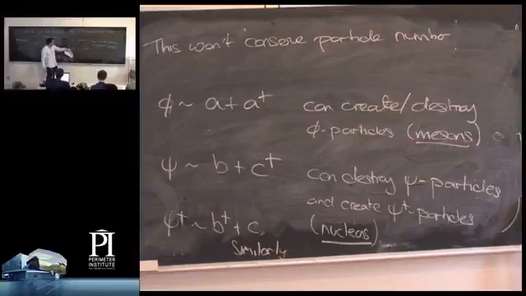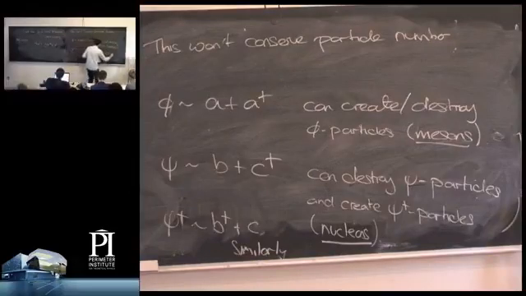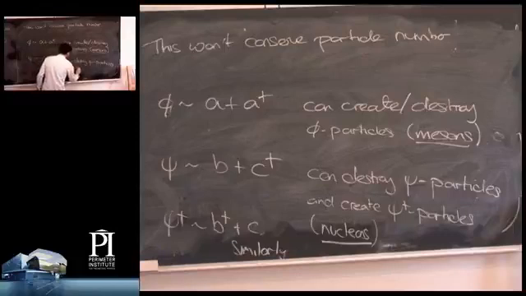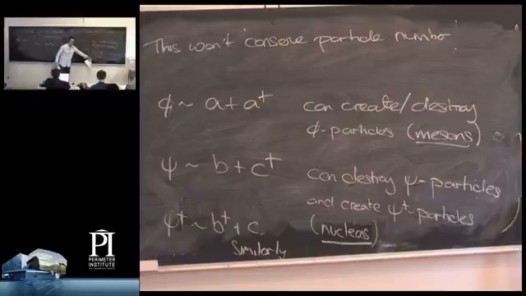When we expand out psi, we have it in terms of b plus c dagger. So this can destroy psi particles, which is what this b does, and create psi dagger particles, which is what c dagger does. And I'm going to call these guys, just for the purposes of this lecture, nucleons. And psi dagger obviously does the opposite.